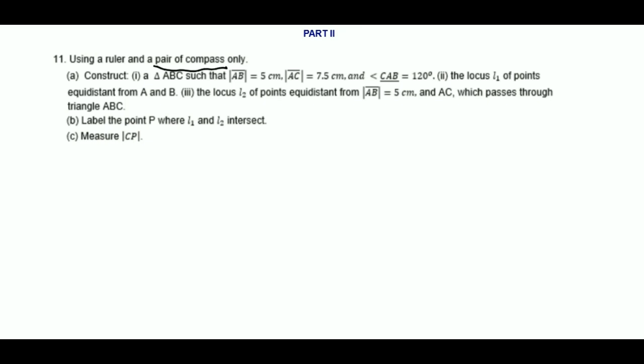Okay, so what I like to do when I come across questions like this is to try and sketch it out first, so I have an idea of how I will go about constructing it. So you're told to construct a triangle ABC.